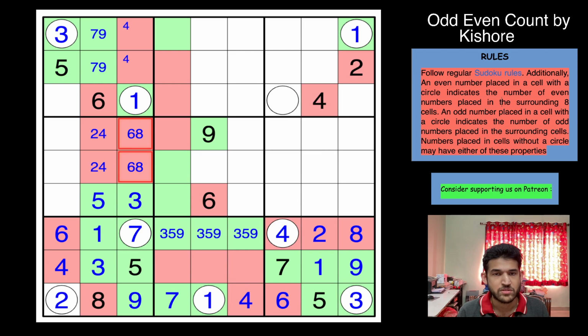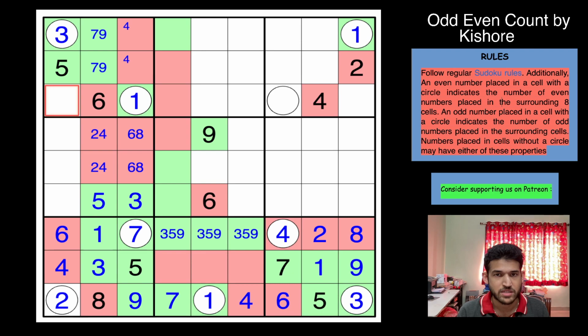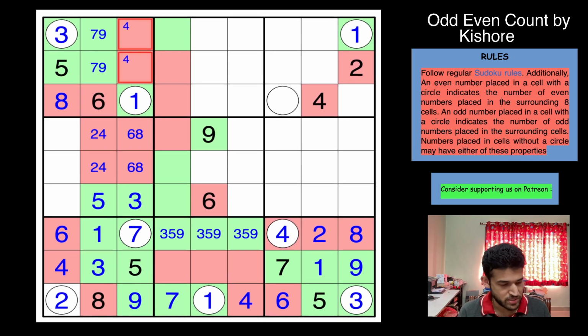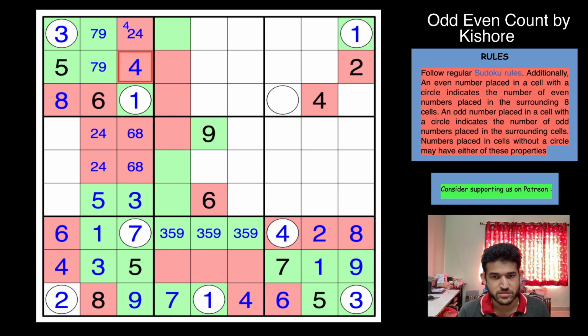So you have 3 evens here, so this is even. Let's make that red. And that has to be an 8 now. So this will be a 2, 4. You have 2 here, so this is 4 and this is 2. So you can see that because of this one, lots of progress you're able to obtain.